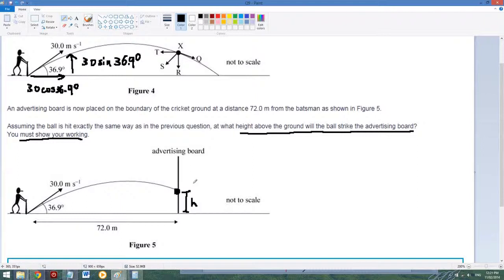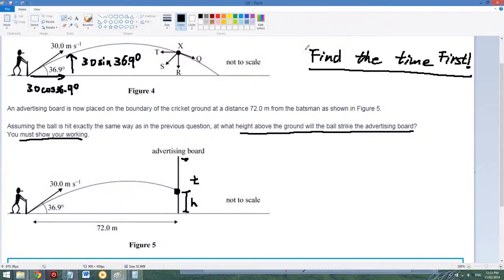But in this question, there's a trick doing this type of question. If you're stuck, I need to find the height when the ball strikes here. Always find the time first.